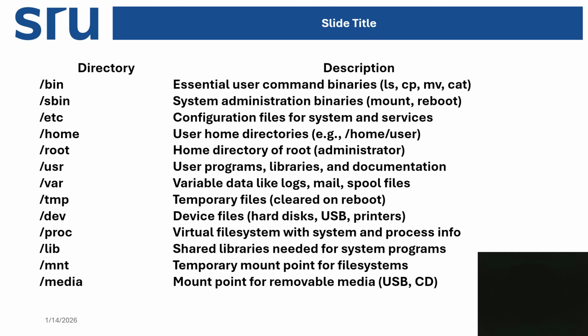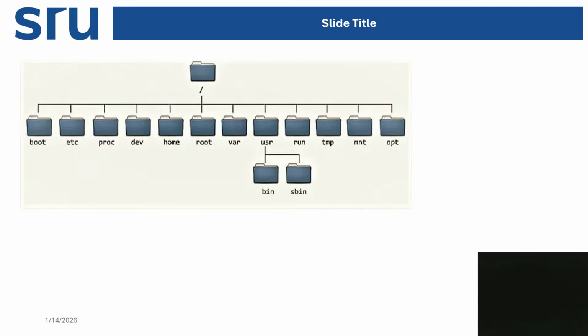Next, slash lib, shared libraries needed for system programs, and slash mnt, temporary mount points for file systems, and slash media, mount point for removable media, like USB and CD. Those things come under media. This is the picture of the directory structure.